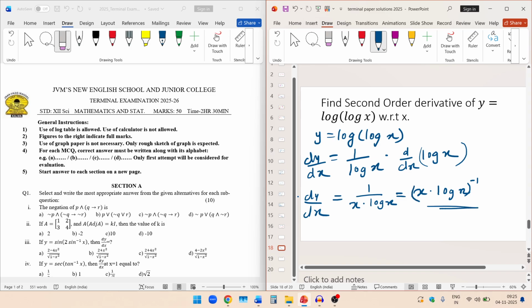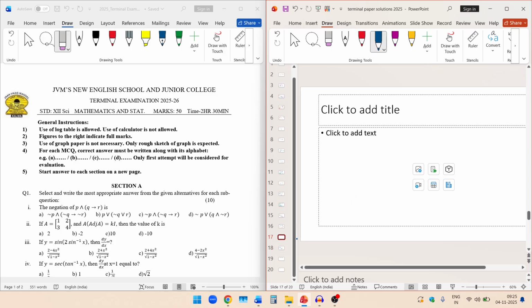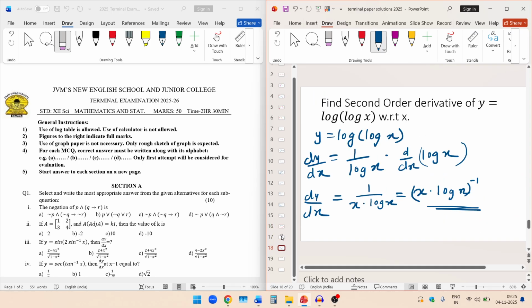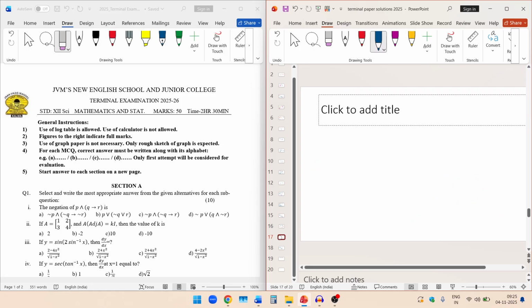Now I have to take the derivative once again for this. Let me write it over here. So what was the question? This is dy by dx. Dy by dx is equal to d by dx of x log x raised to minus 1.